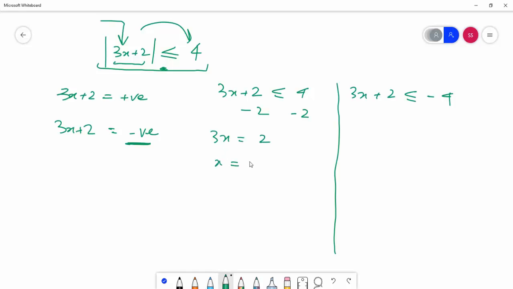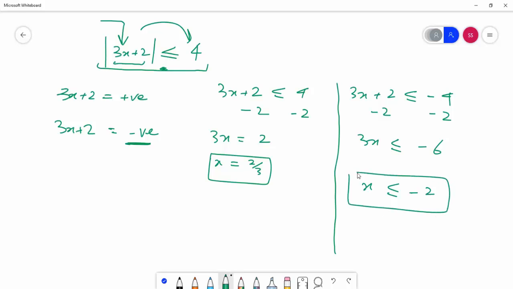Dividing by 3 on both sides, you'll get x equals 2 over 3. And for this, subtracting 2 from both sides, you'll get 3x is less than equal to negative 6. And dividing by 3 on both sides, you'll get x is less than equal to negative 2, right? So it's less than equal to, less than equal to.